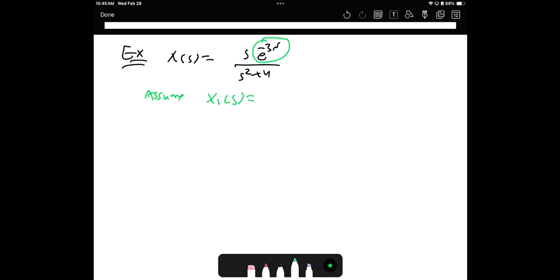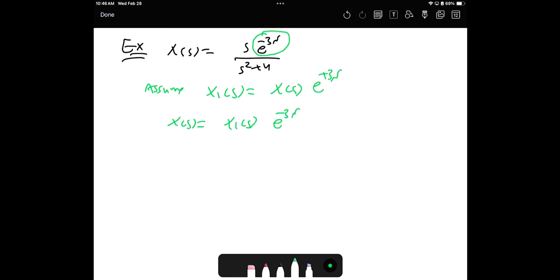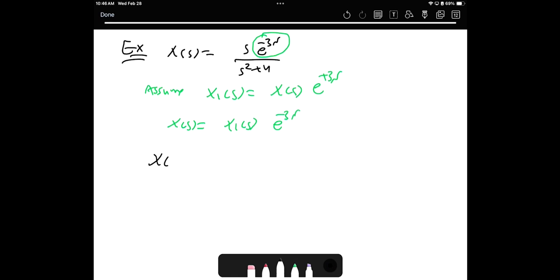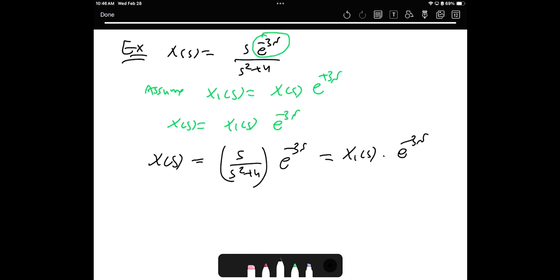X1 of s equals X of s e power positive 3s, just the opposite of this one. This yields X of s equal to X1 of s e power negative 3s. So we can rewrite X of s as s over s squared plus 4 times e power negative 3s, which is X1 of s times e power negative 3s.